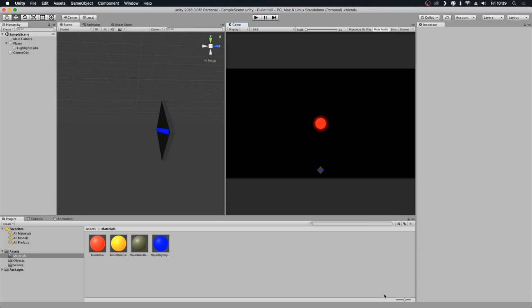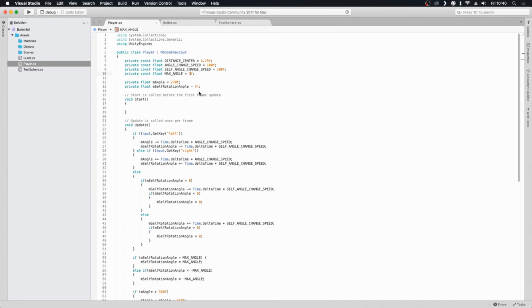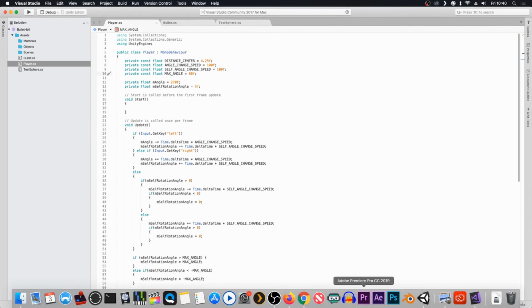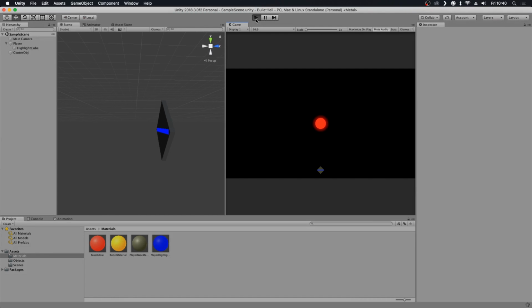Maybe I want the maximum angle to be bigger. Let's try 60, something crazy. Okay, that's too much.